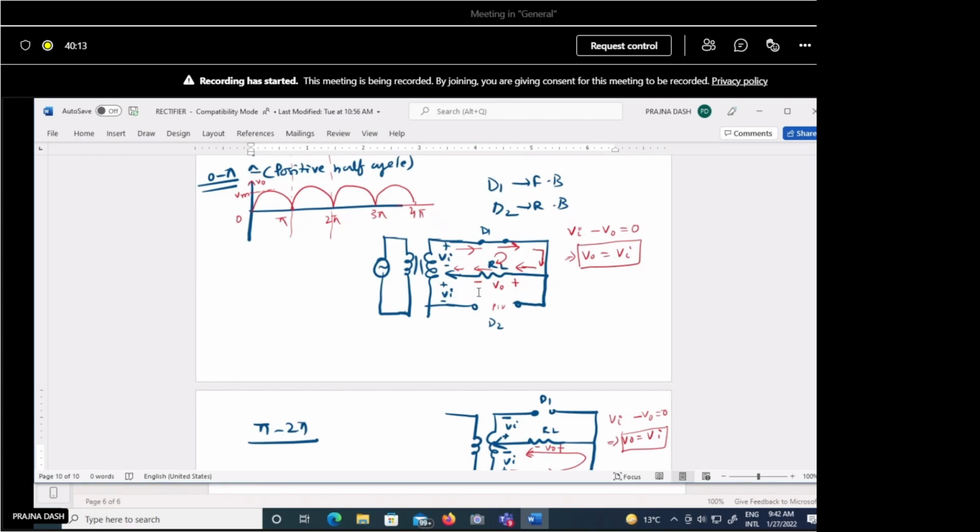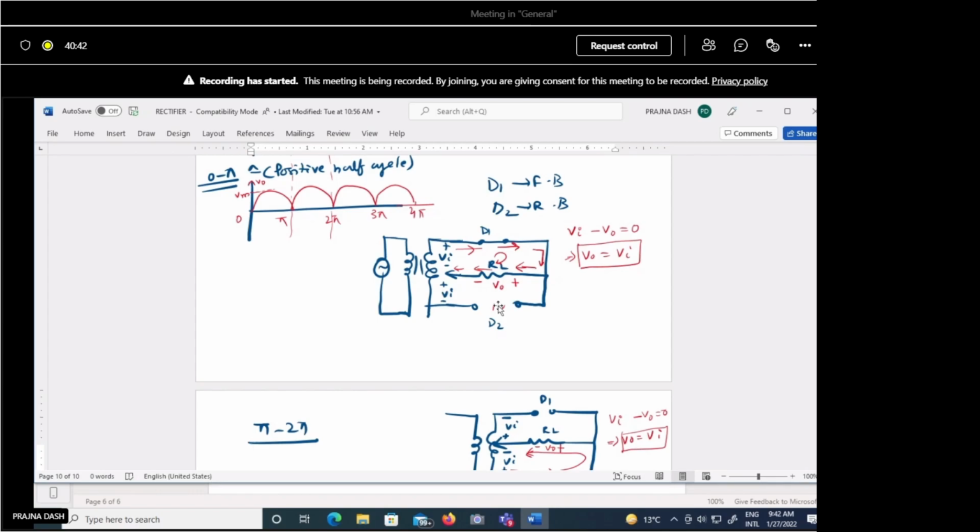But in this case, when we take the reverse bias condition, due to the other part of the circuit, the output voltage is never 0. Already one output voltage, V0 equal to Vi, is there. So in this KVL, this Vi will appear, and V0, which is Vi, will again appear. So the PIV will be twice of VM here.